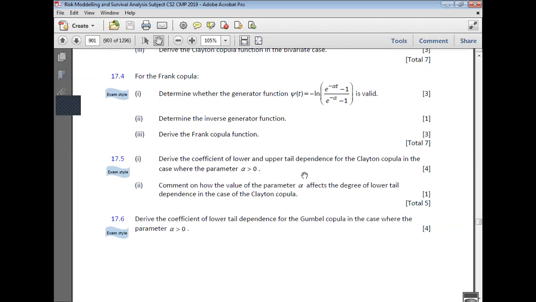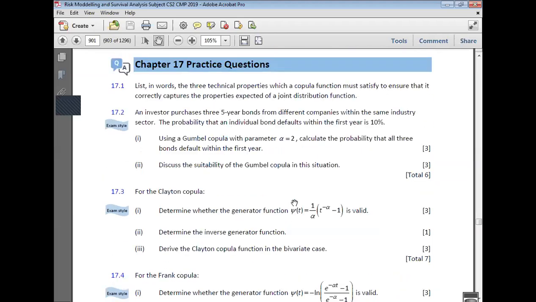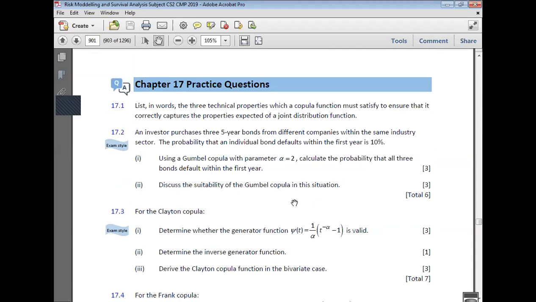And here you want to just determine the coefficient of lower and upper tail. So I would say, if possible, do this by today or tomorrow, so that if you have any doubts, you can ask me.